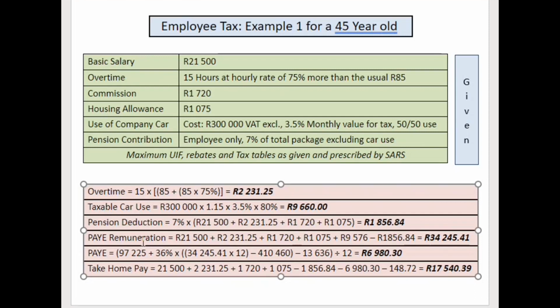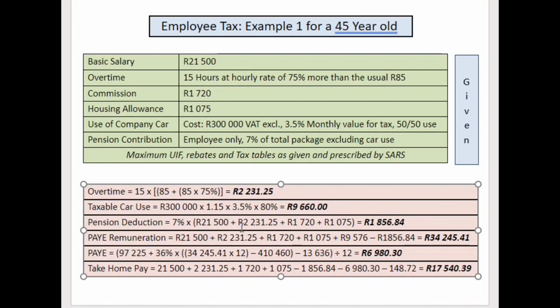That is the amount that I will have to put on my little form for the calculation of my pay-as-you-earn remuneration. The pension deduction is the 21,000, the overtime, okay, as well as the housing allowance, but not that 9,660 because they told us that it is excluding that. It said 7% of total package excluding the car use.